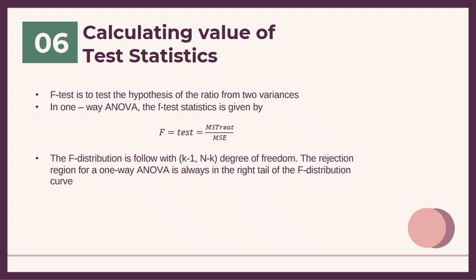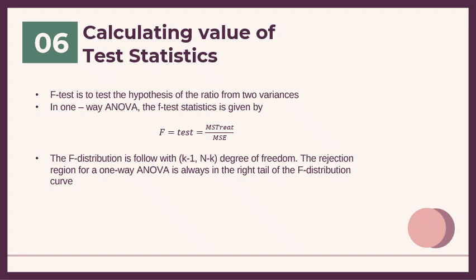And the F distribution follows k minus 1, n minus k degrees of freedom, and the rejection region of the one-way ANOVA is always in the right tail of the F distribution curve. In other words, after we have determined the F-test value, we compare it with the F distribution's value in the statistic table.